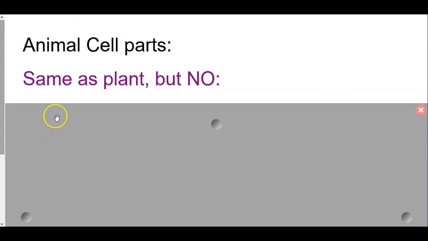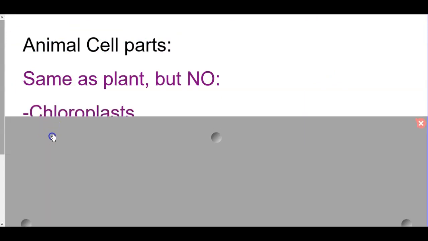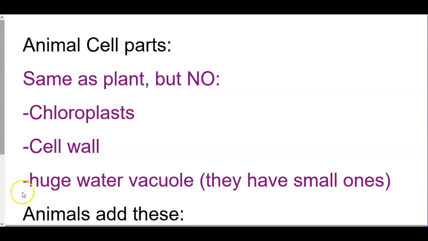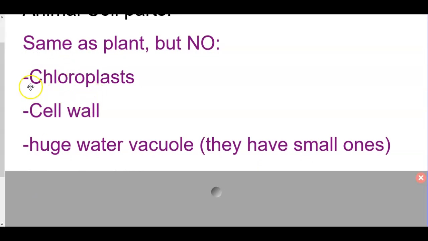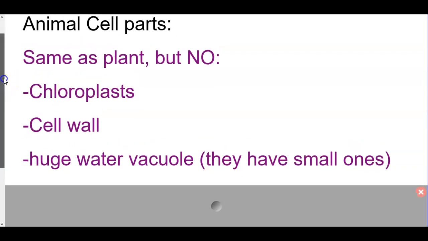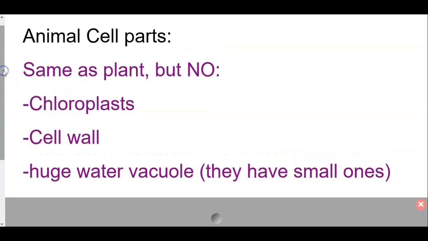The animal cells, I'm not going to do a whole other animal cell part for you, but just realize that animal cells, you guys have kind of learned, are the same as plant cells, but they don't have chloroplasts or cell walls. And the water vacuole is going to be a lot smaller in animal cells, okay? So you may want to take a moment and jot this down.